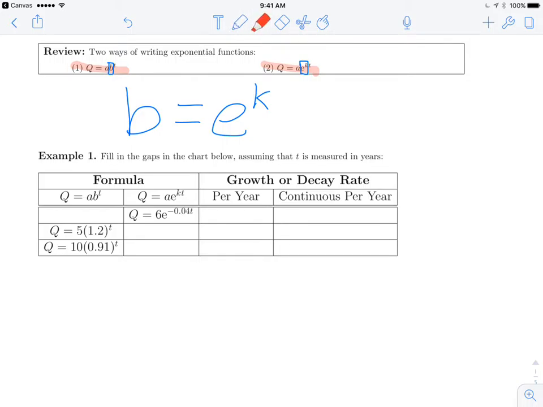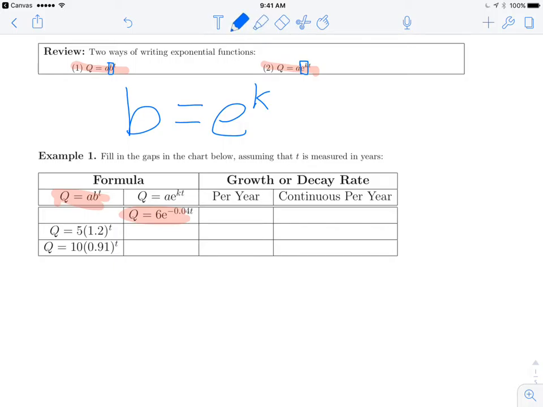You'll notice they give you this formula in what we would call the continuous format, the e to the kt format. We want to convert this to a Q equals ab to the t format.